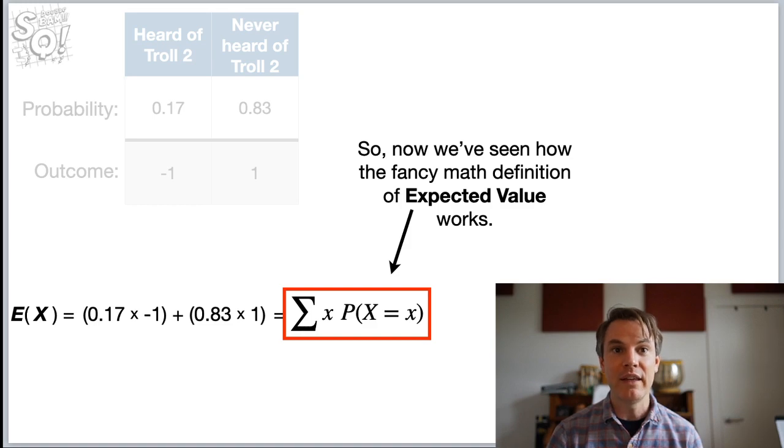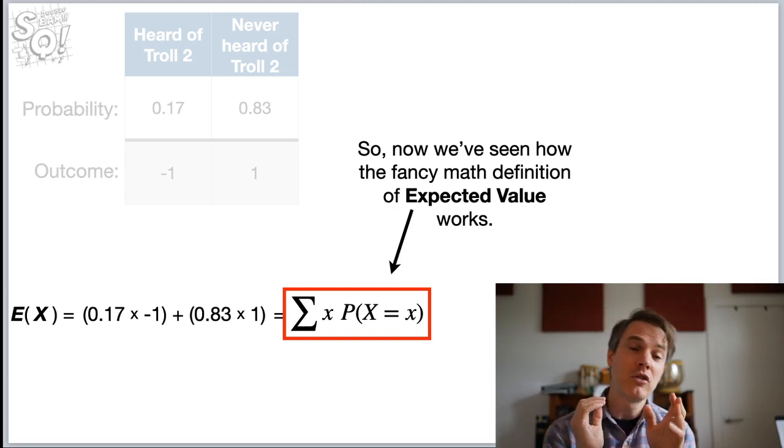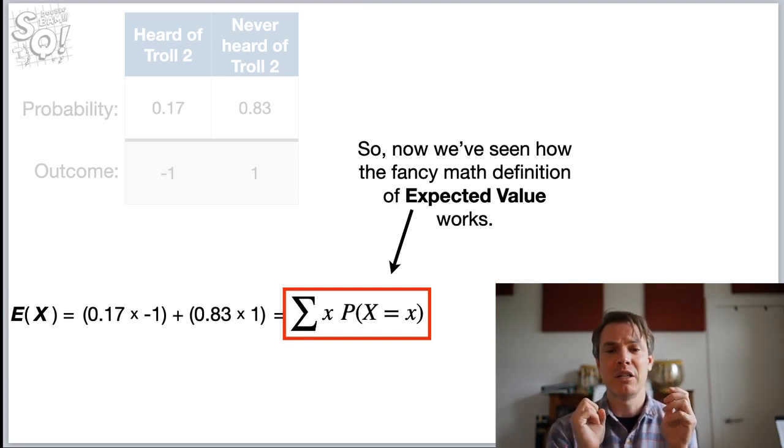Okay, so now we've seen how the fancy math definition of expected value works. So if you're out there in the wild, I usually don't like doing these fancy terminology things, but this is one of those things. But I'm going to be honest with you. For a long time, when someone said, "Hey, we're just going to do the expected value," I'd kind of get chills down my spine, and I go, "Oh no, that's not good." And then they would show me this equation.